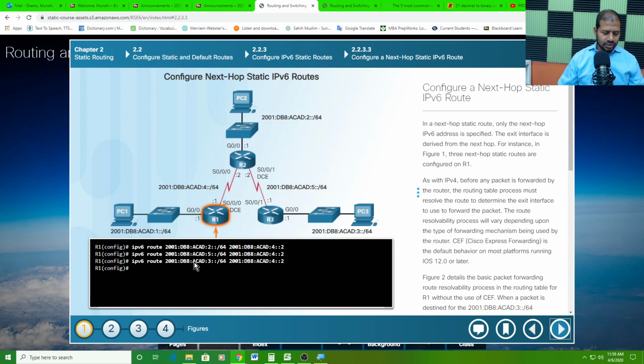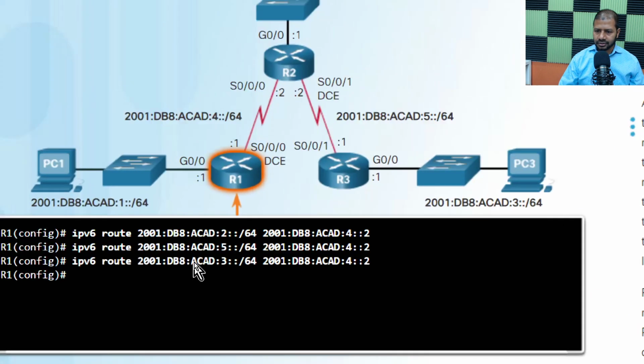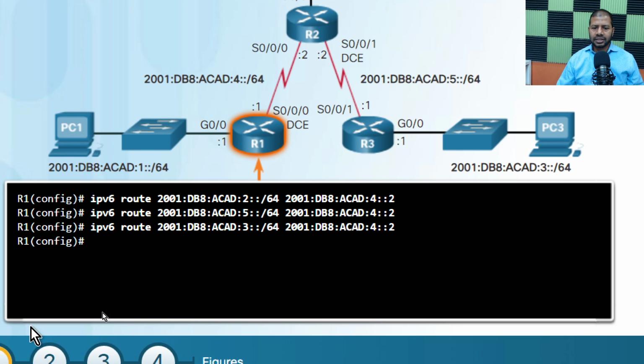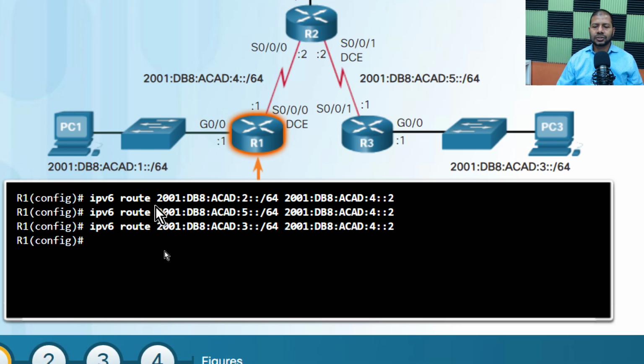This one shows how to use that command. Look at here, IPv6 route, that's the command. Here's the destination address, 2001:DB8:ACAD:2. Look at this colon colon. It means this is not just a single IP address, it's a network address, because at the end, all zeros. Colon colon means all the zeros.